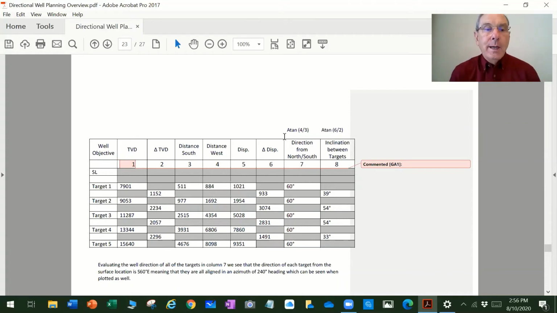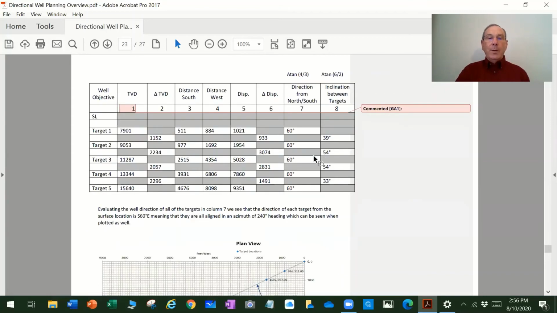Target number 1 TVD is 100 feet more because I've added RKB to all of the subsea depths to come up with the TVD depths. Then I have gone through the mathematics and calculated all the values that we need in the chart to come up with our strategy for drilling a well.